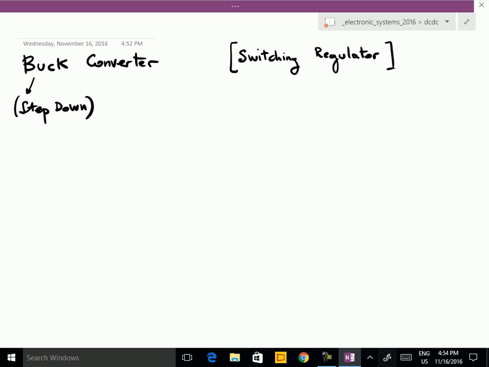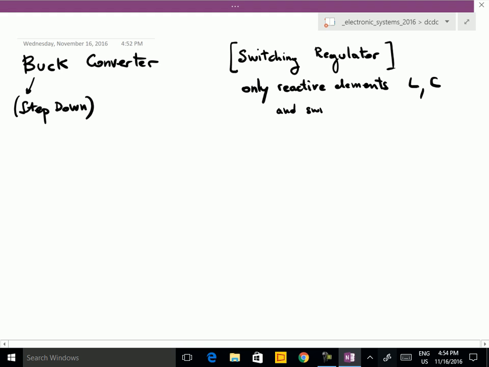So, in principle at least, you have only reactive elements, which means inductances and capacitances, and switches that can be on and off. Okay? Why? What's the basic idea?